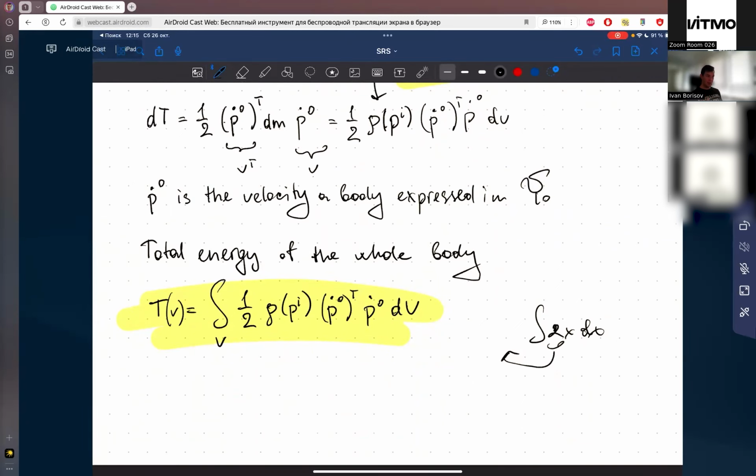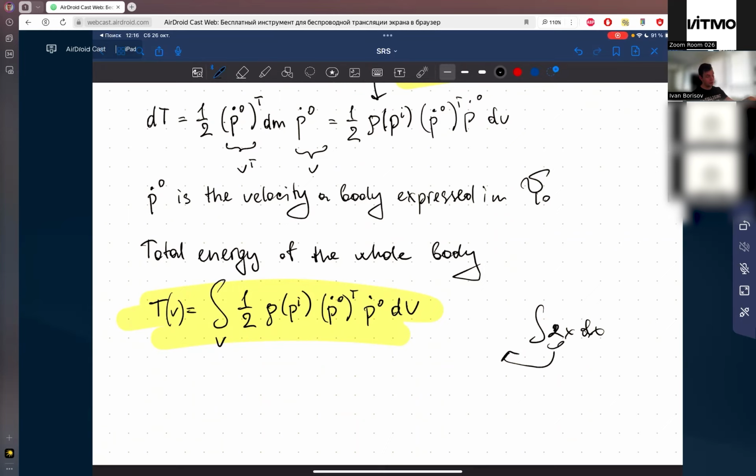So we need something that can be treated as a velocity, and it's constant for each piece that belongs to a rigid body. What kind of velocity is constant?